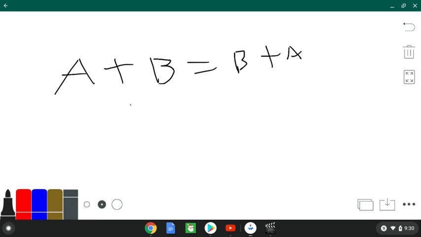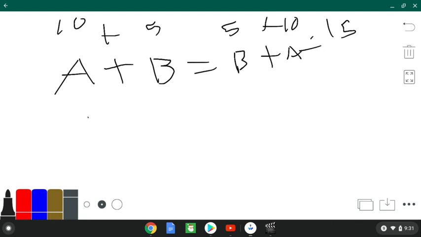A plus B equals B plus A. The equal sign is kind of like a mirror that reverses it, but you get the same answer: A plus B, 10 plus 5, and B plus A, 5 plus 10, both equal 15. So that's the same answer.